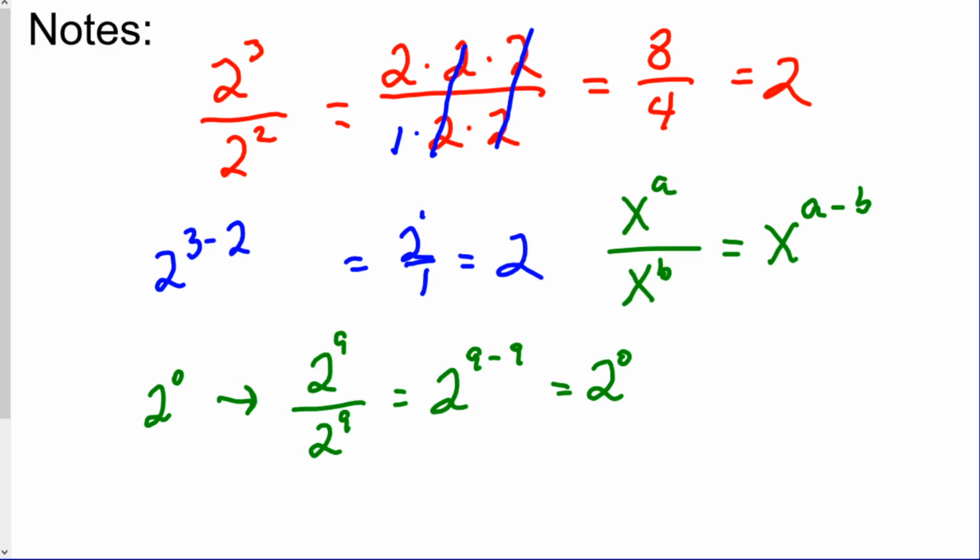Well, you know from earlier that anything divided by itself, regardless of what it is, is equal to 1. So 2 to the 9th divided by 2 to the 9th is really 2 to the 0 power, but it's also 1. So anything to the 0 power equals 1.